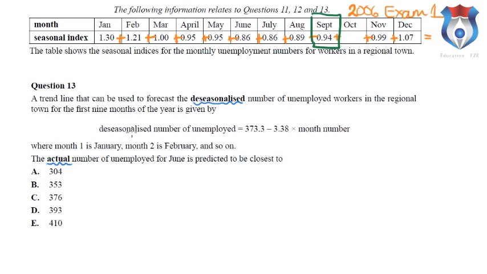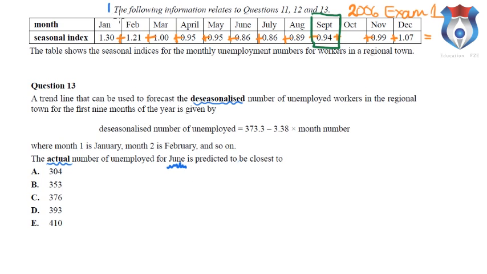Okay, so here we have a formula which is giving us the deseasonalized number. And from that, we're going to work out what the actual number is. So the first step is to use this formula to work out the deseasonalized number, and then we'll convert it to an actual. So if we're trying to find the unemployed for June, what month number is that?